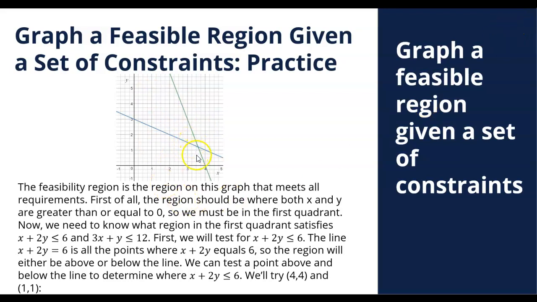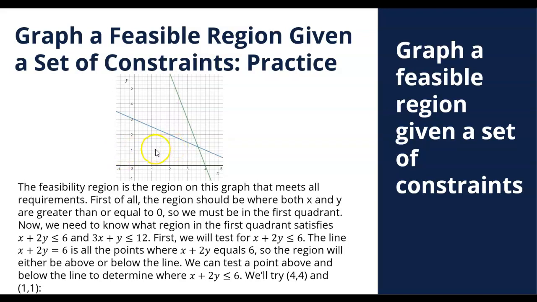All you need to do to determine which of these 4 regions is the feasibility region is to get a representative point. So you get a representative point, say for instance 1, 1. Okay, so you try 1, 1 here.